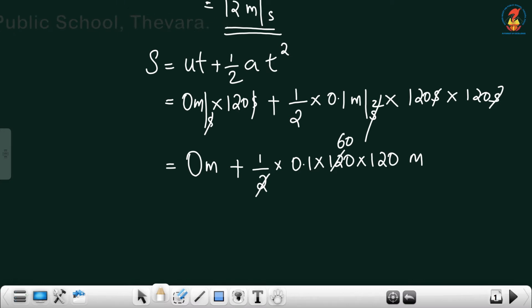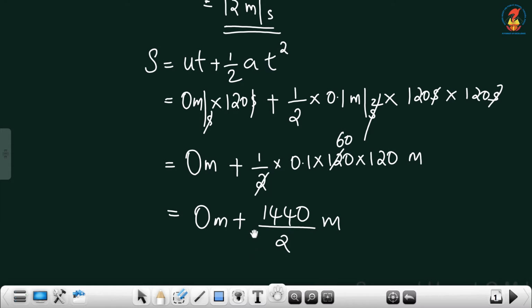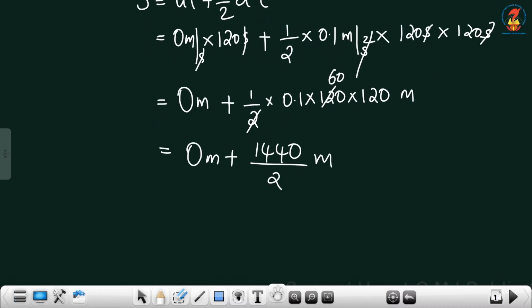So it's 60. Then when you do 60 into 120 into 0.1, you will get 1440 by 2 meter. What is 1440 divided by 2? You will get the answer 720 meter.